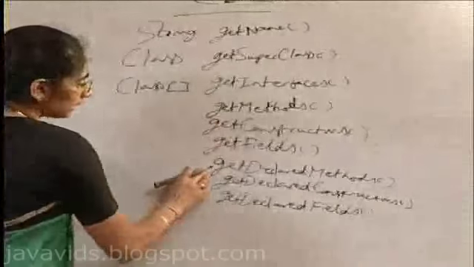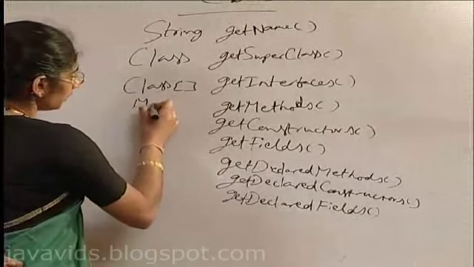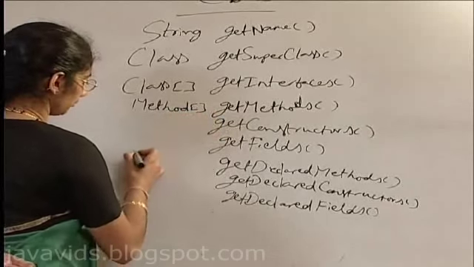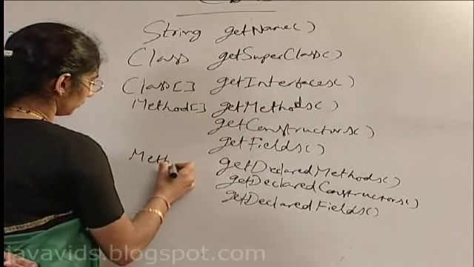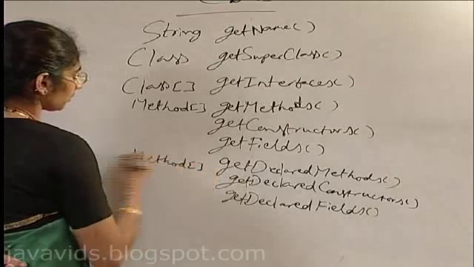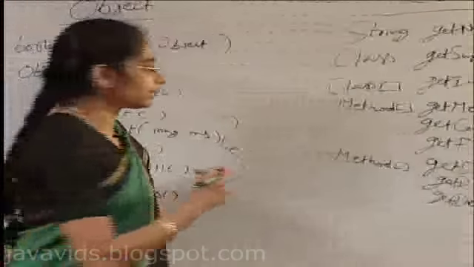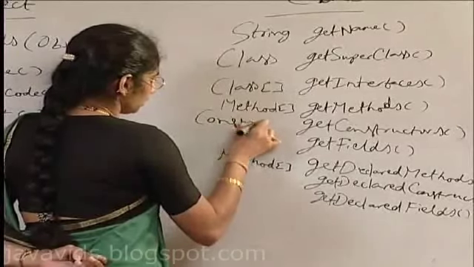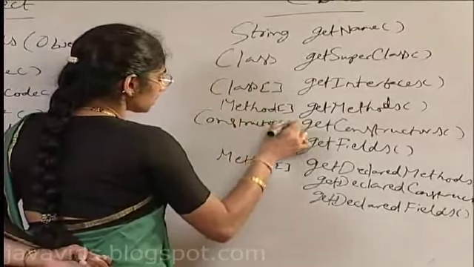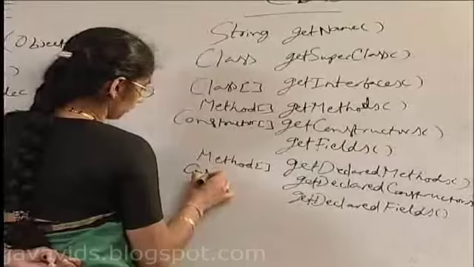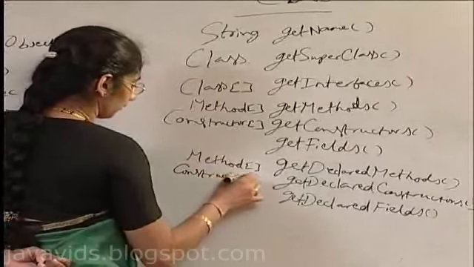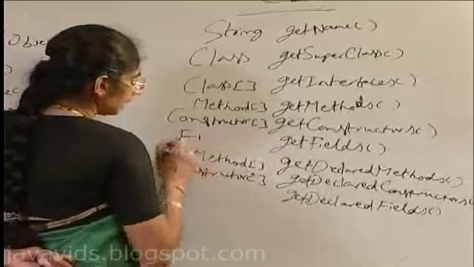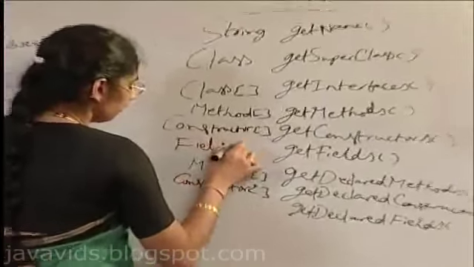getMethods and getDeclaredMethods both return an array of Method. getConstructors and getDeclaredConstructors return a Constructor array, and getFields and getDeclaredFields return a Field array.